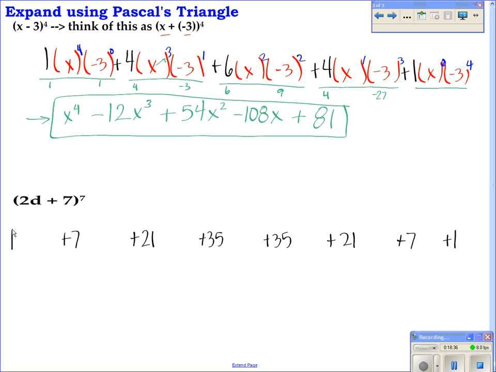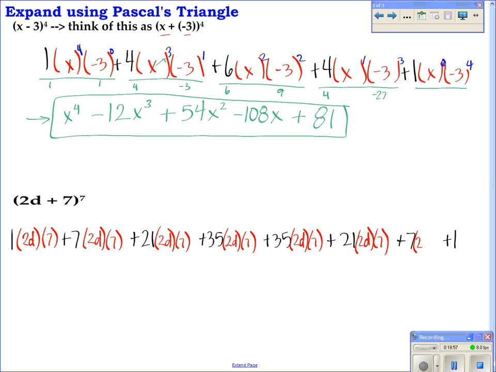Okay. Put my parentheses. We've put a 2D and a 7. And then the exponents.